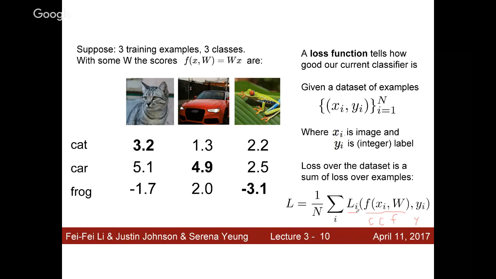The hope is that if it was actually supposed to be a car, for example, then I would accord it a very low loss or no loss at all, because it got it correct. But in the case of something like frog, where this number is very low and the algorithm actually thinks it's a car, then I'm going to say that was pretty badly misclassified. I think you can do better than that. Let's look for a set of parameters that can do better.